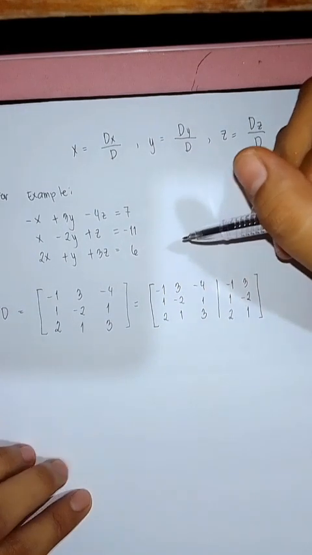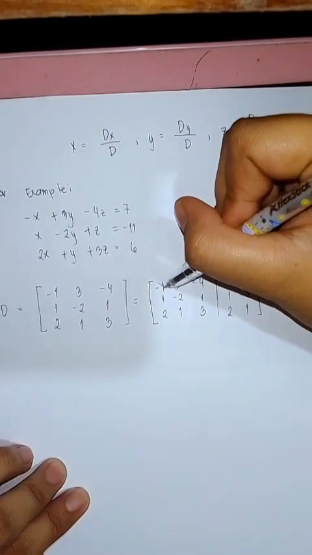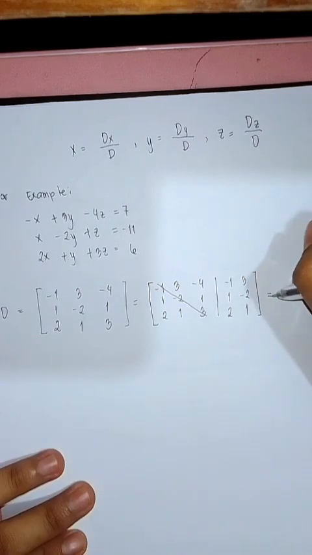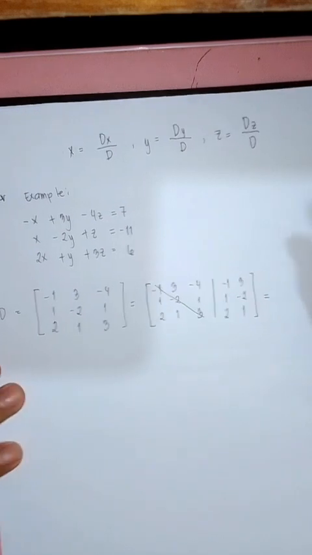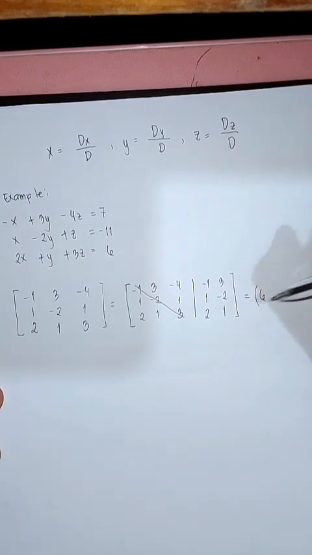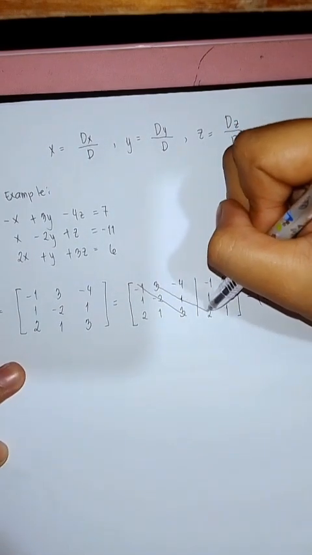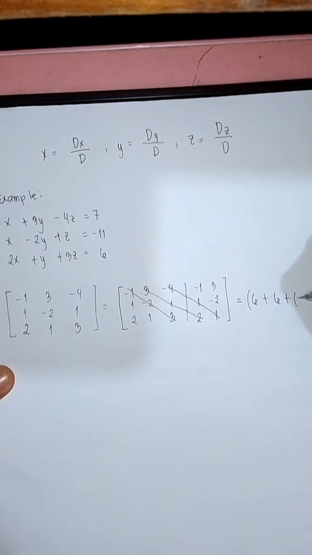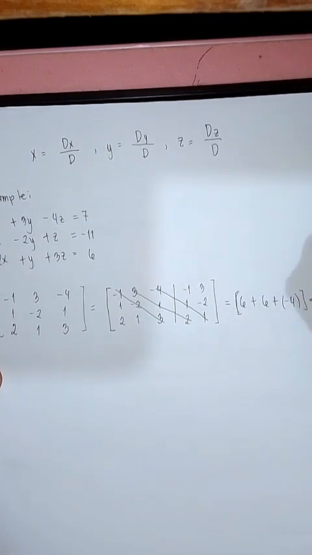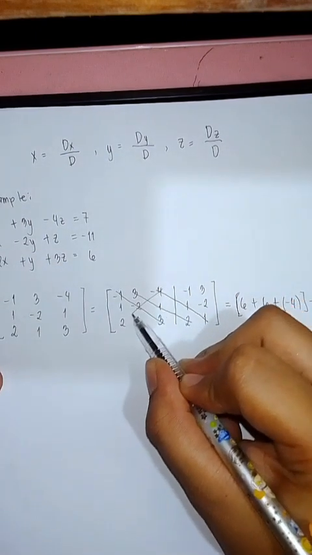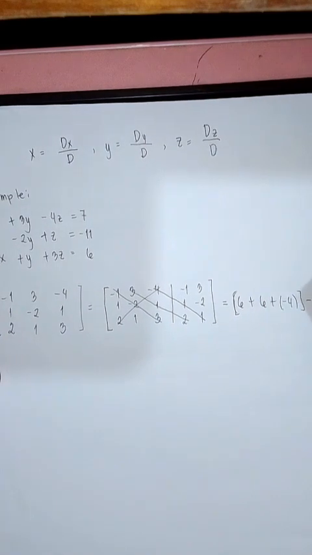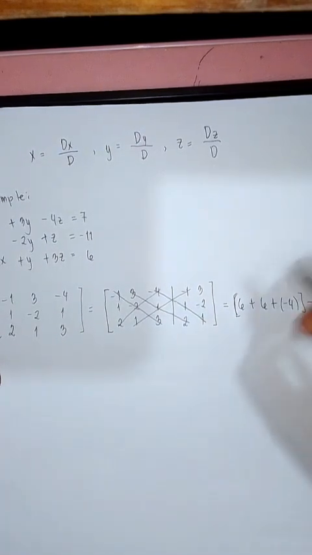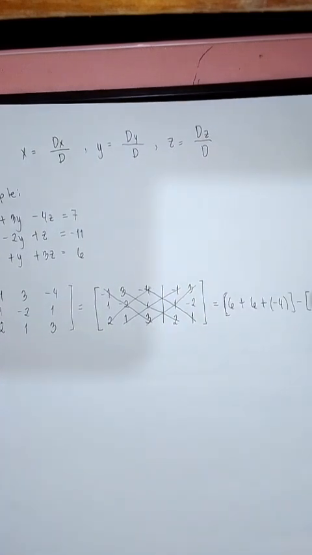So we will multiply negative 1 times negative 2 times 3, which is equal to 6, plus 3 times 1 times 2 is 6, plus negative 4 times 1 times 1 is negative 4, minus negative 4 times negative 2 times 2 is 16, plus 1 times negative 1 times 1 is negative 1, and 3 times 1 times 3 is positive 9.